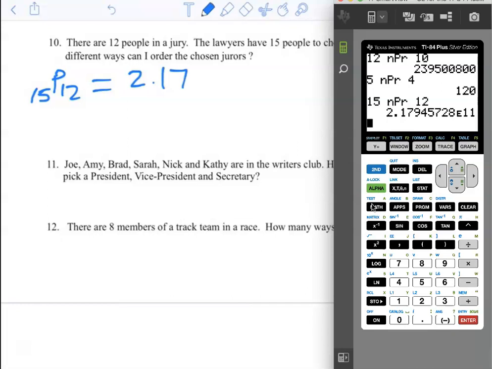Let's even take one more number. 2.179. Okay. Times 10 to the 11th power. The 11 came from right here. It's whatever's after the E. So just take the first few numbers of those if that happens to you, and we'll punch it in that way. Okay, there's 15 people. I'm choosing 12 of them in a certain order. That's a really, really big number.